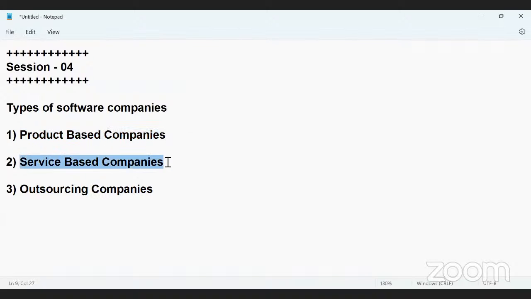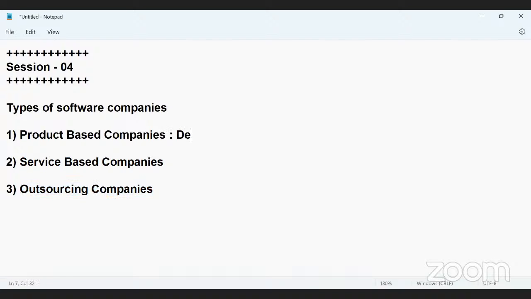Coming to service-based companies, these companies are going to develop the projects based on client requirement. If somebody gives the requirement, based on the requirement, these companies develop the projects. And coming to the third category, outsourcing companies: these companies sell the employees to other companies based on the demand.